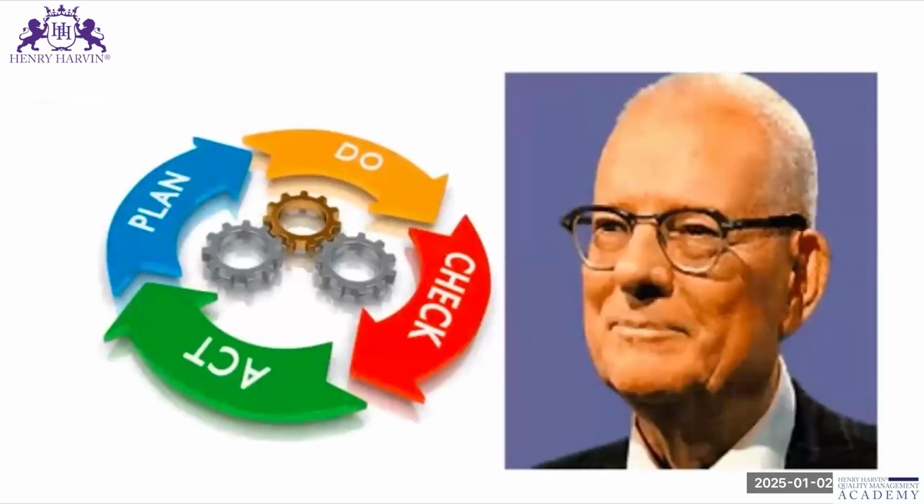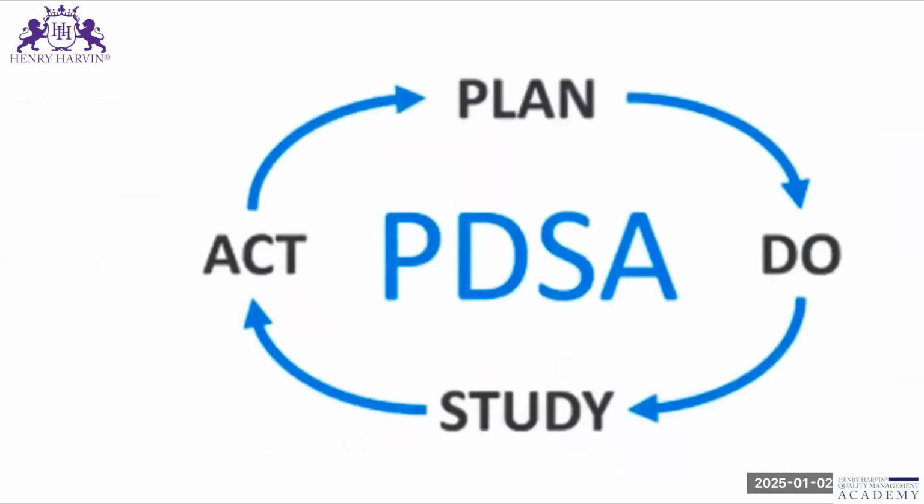It was later, in the 1950s, that it took a new form as the PDCA cycle. Deming introduced this PDCA cycle, and later he made a small change to it and called it PDSA, as he wanted to give more emphasis to analysis rather than just inspection or checking.